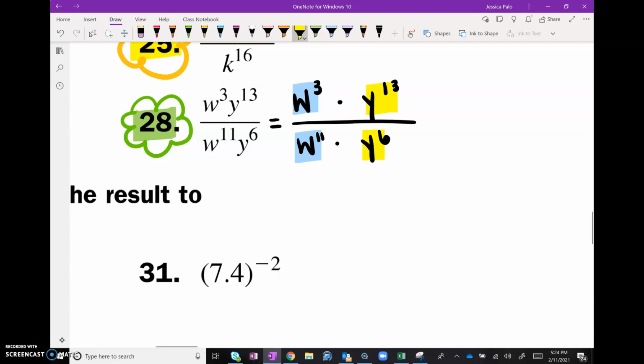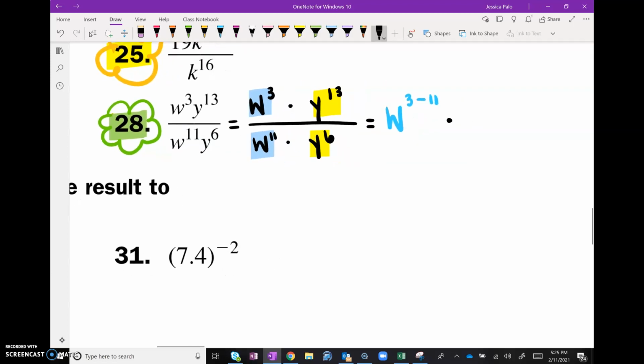We have a fraction bar here, so that means we're probably going to have to use the quotient of powers property. So let's use the quotient of powers property with our W's. W to the 3rd over W to the 11th. That means we have W to the 3 minus 11 times our Y's, Y to the 13th over Y to the 6th. So that gives us Y to the 13 minus 6.